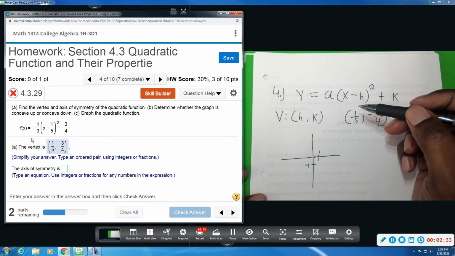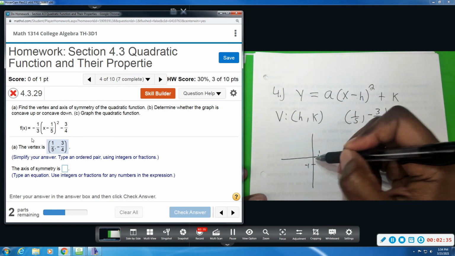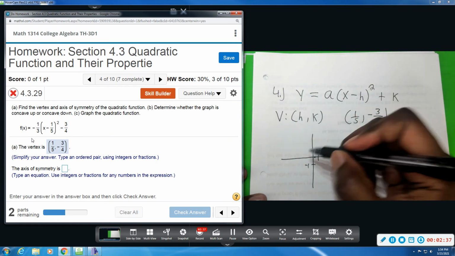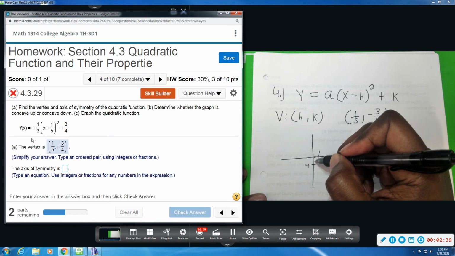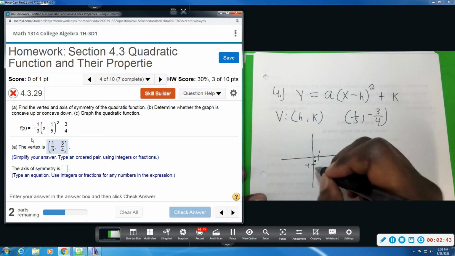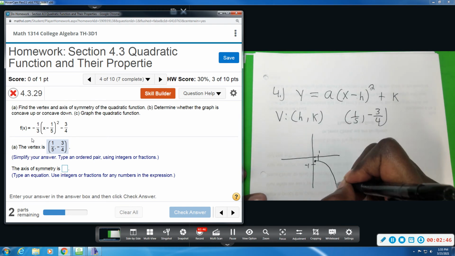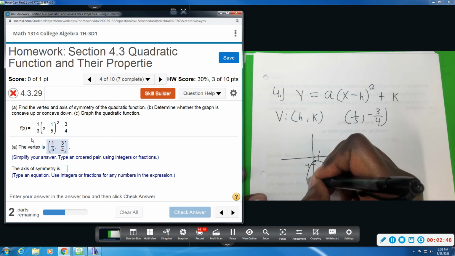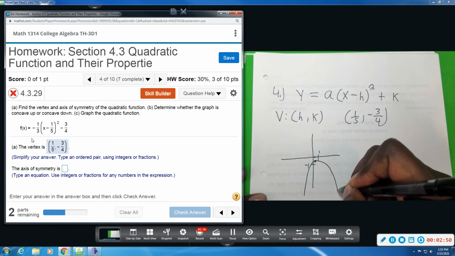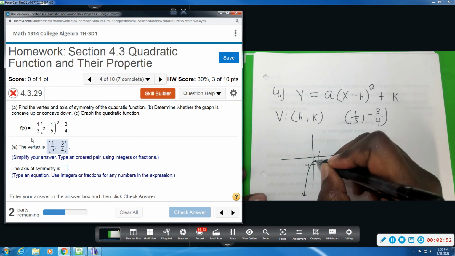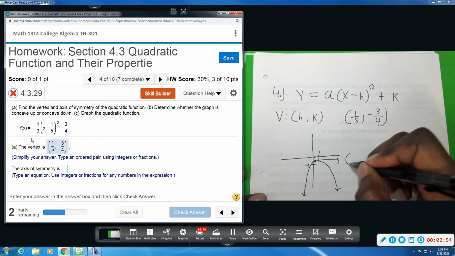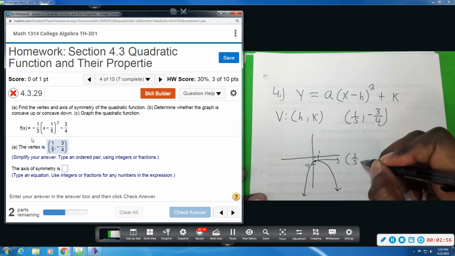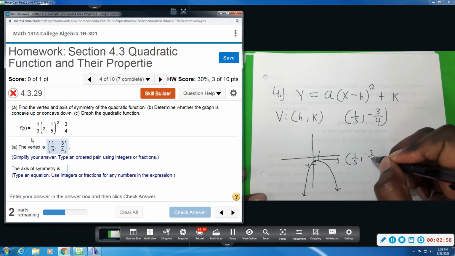So it's actually, yeah, that's right. It'll go right 1/5, and then down 3/4. So that would be my vertex right there. This parabola would be opening downward like this. And this ordered pair right here is the (1/5, negative 3/4).